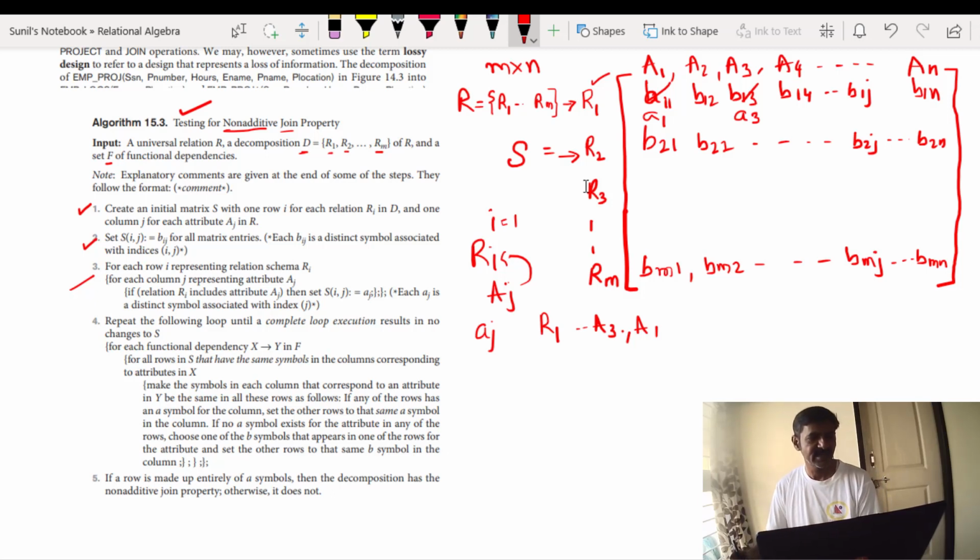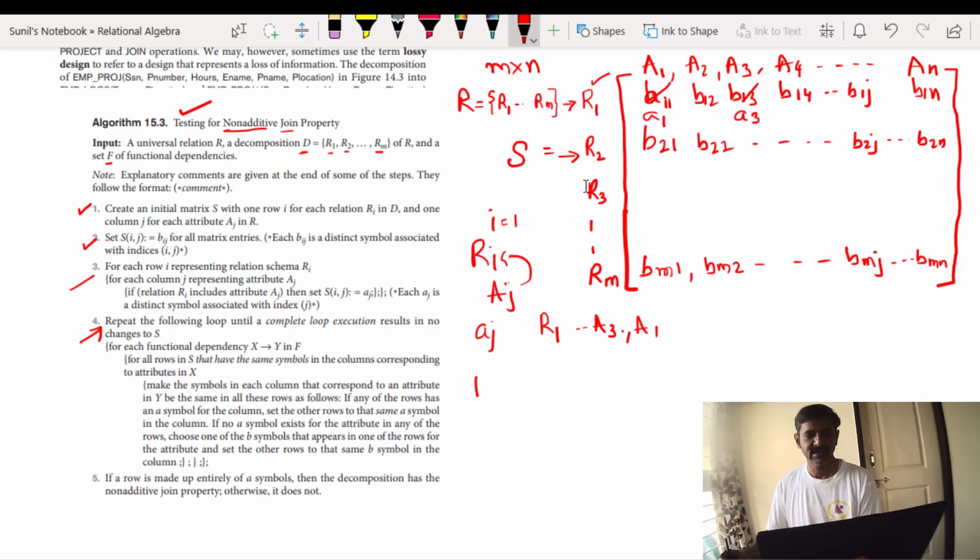The next step is interesting, where you have to apply the functional dependencies. So you have to repeat a loop until execution results in no changes to S. Until no changes happen in S, you have to keep on doing step number 4. So what do you have to do in step number 4?